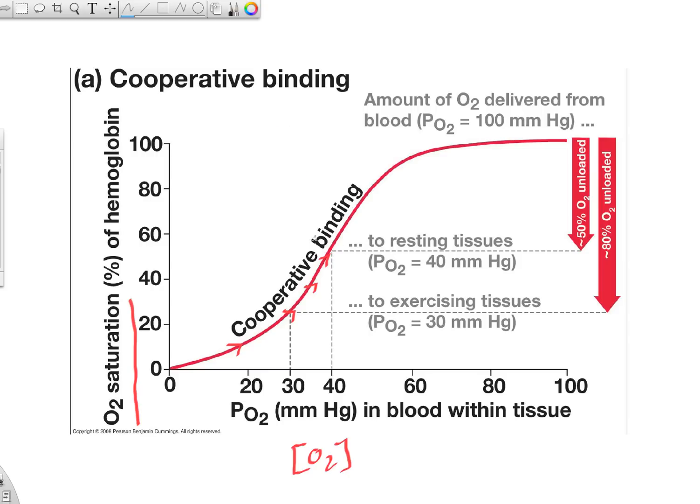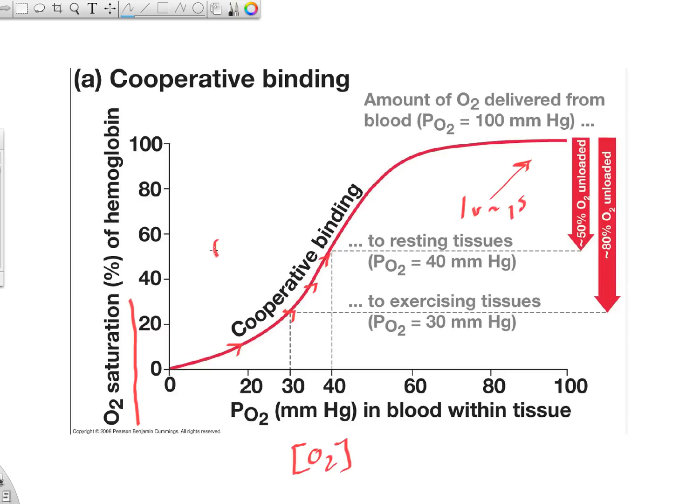The advantage of cooperative binding is that the affinity change of hemoglobin is advantageous both when you're trying to bind oxygen so that you can bring it back from the lungs. This high oxygen concentration is what you'll see in the lungs. So you want to bind as much as you can.